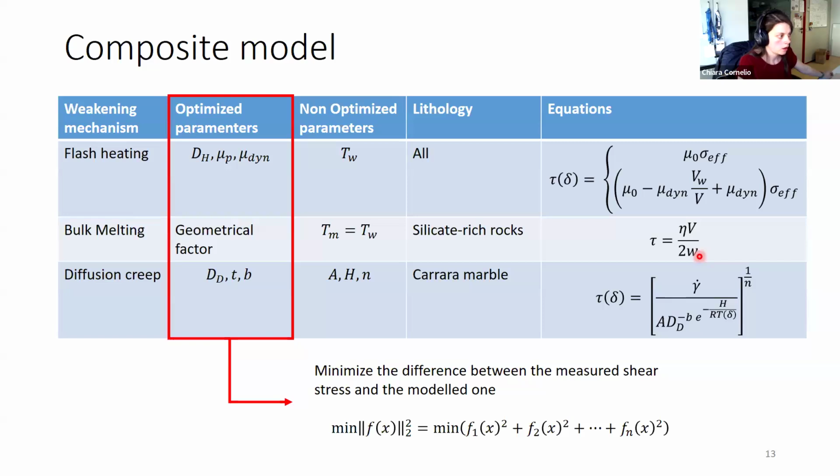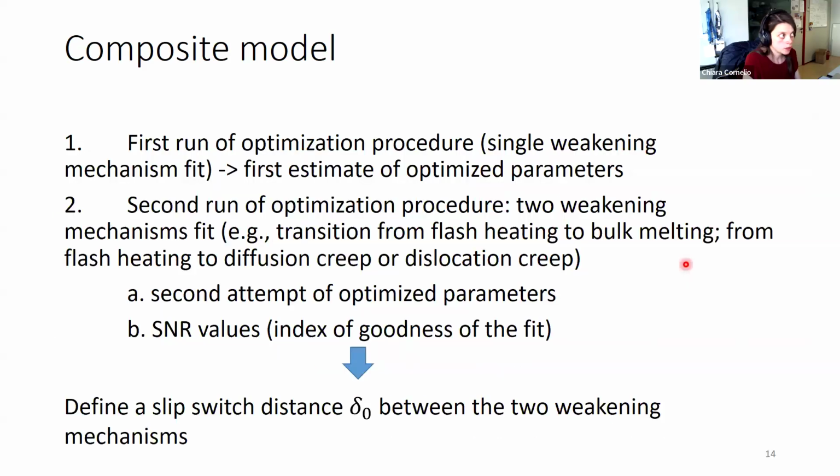To do that, we use an optimization procedure in which we minimize the difference between the measured shear stress and the shear stress predicted by the models. To go into detail about the optimization procedure, we actually ran two optimization procedures.